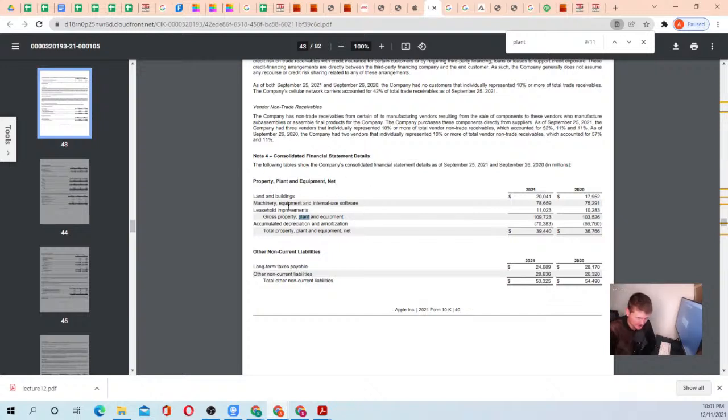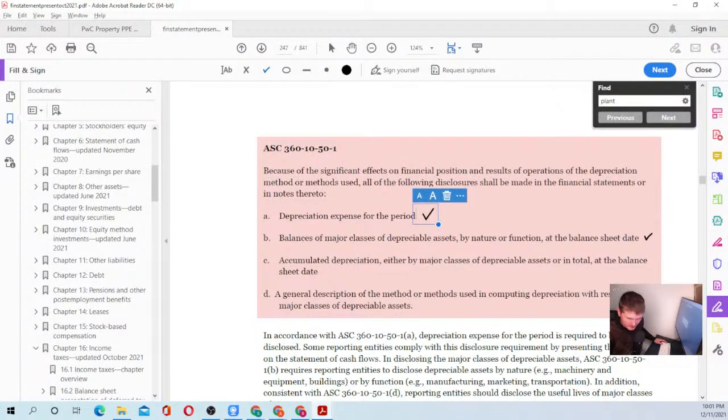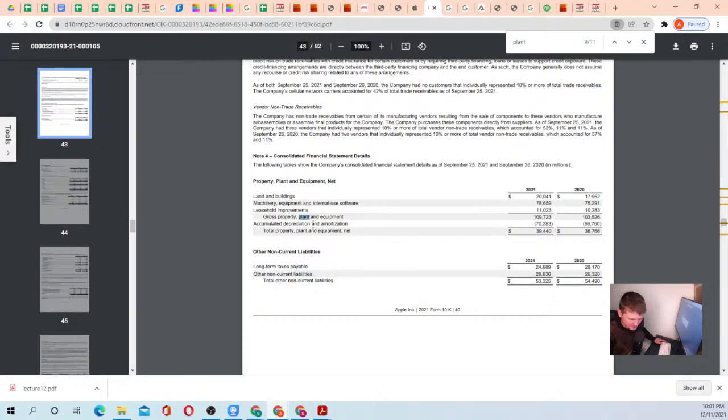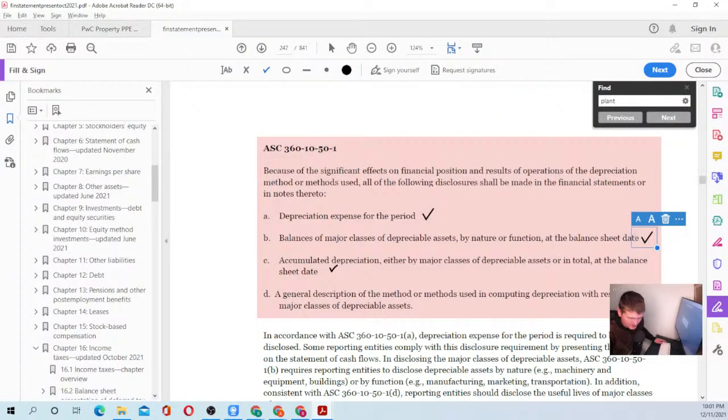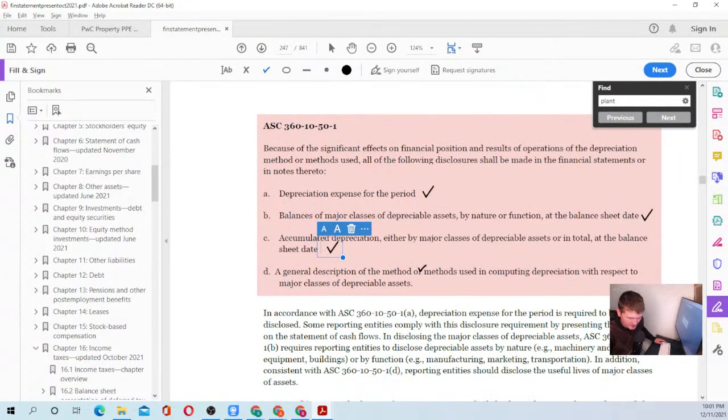Major assets by, I think that's by classes. So each is disclosed: land and building, machinery and equipment, leasehold improvements. So that one is done for Apple. Accumulated depreciation by classes or in total at the balance sheet date. It's here. Depreciation is here. So Apple does everything right.